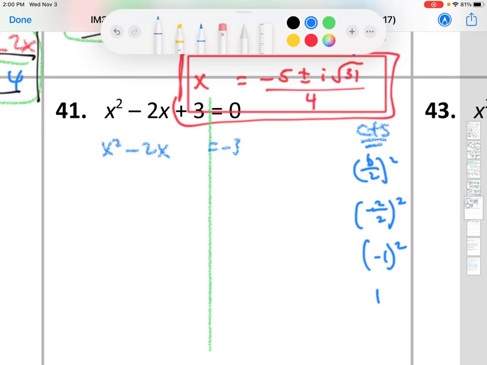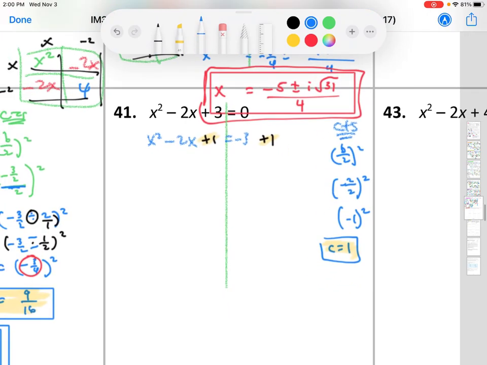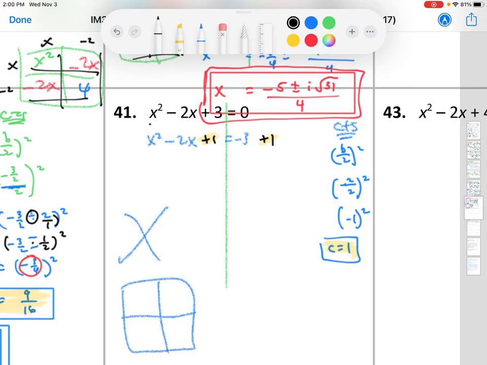Negative 1 squared, which means it is 1. And then I'm going to go ahead and factor the left side. A, B, C. Negative 1 times negative 1 is positive 1, and negative 1 plus negative 1 is negative 2.